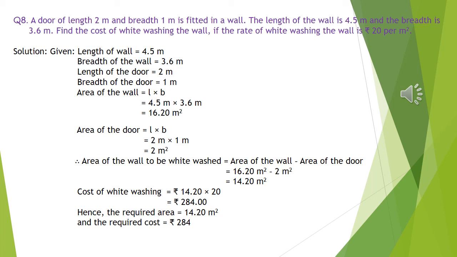Now the cost of whitewashing is, for per meter square it is rupees 20. So for 14.20 meter square it will be 14.20 into 20, that is 284 rupees. Hence the required area is 14.20 meter square and the required cost is rupees 284.